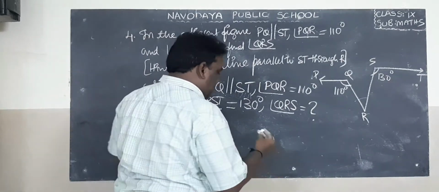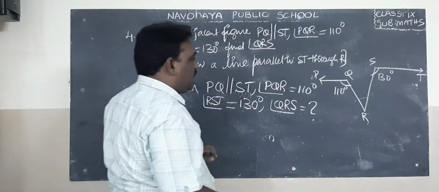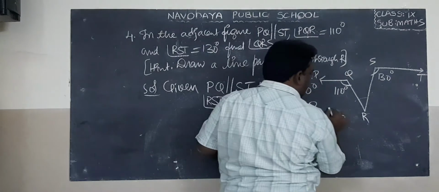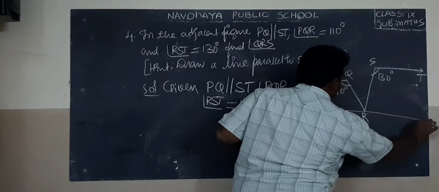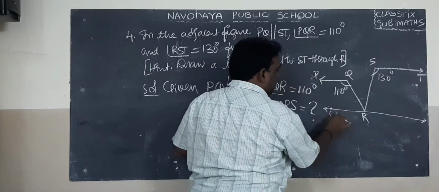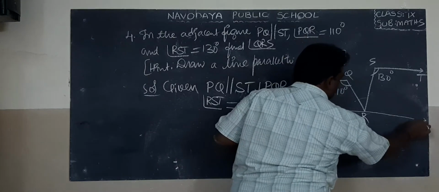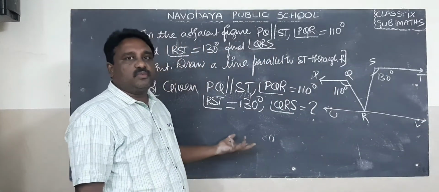What is the hint given? Through R, draw a line parallel to ST. Not only parallel to ST, it is parallel to PQ also. So through R, draw a line UV parallel to ST and PQ.